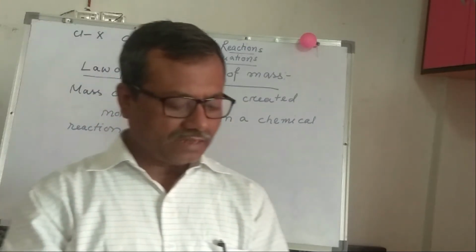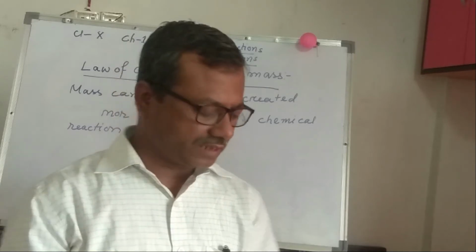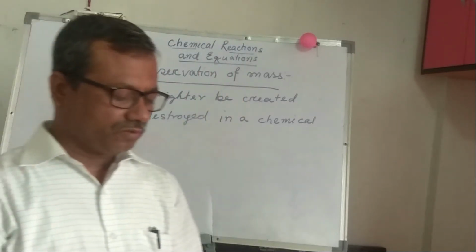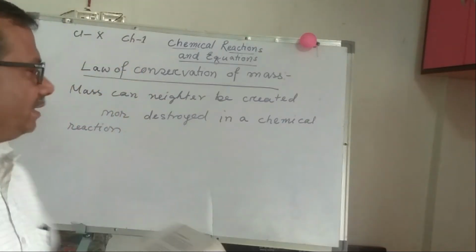The total mass of the elements present in the products of a chemical reaction has to be equal to the total mass of the elements present in the reactants.